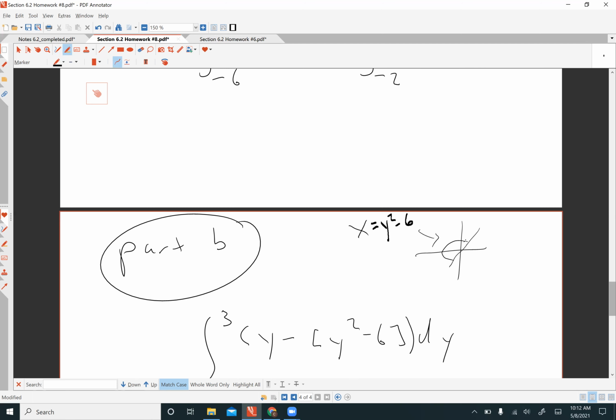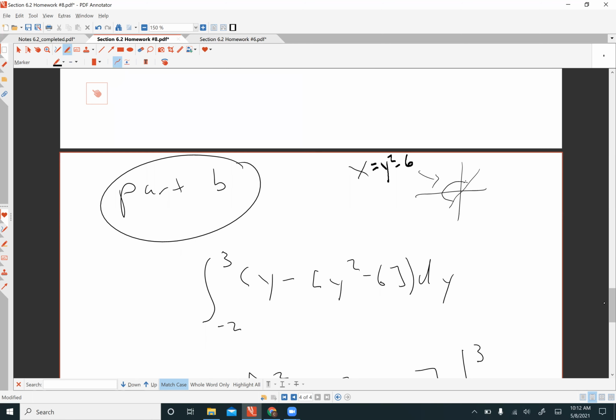And remember the limits in this case. We have to look at the intercepts, which are given by the y coordinate. So once again, it's from -2 to 3. Remember, this was (3, 3), and then the y coordinate was -2.